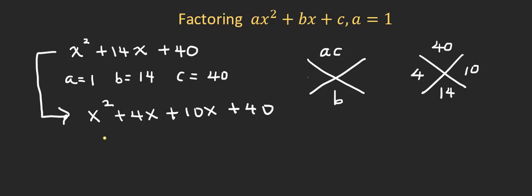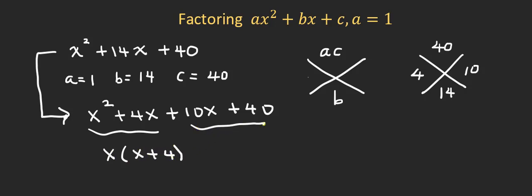Now, do you recall factoring by grouping? What is the common factor here? It's x. And you take out x plus 4. What is the common factor over here?